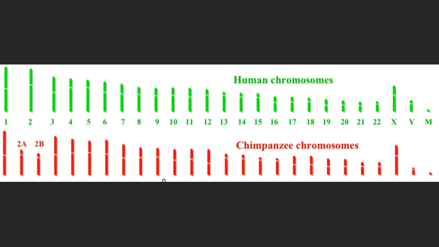So, for example, humans have been breeding mules for a very long time, and mules, of course, are the offspring of horses and donkeys. Now, mules themselves are infertile. They cannot replicate.